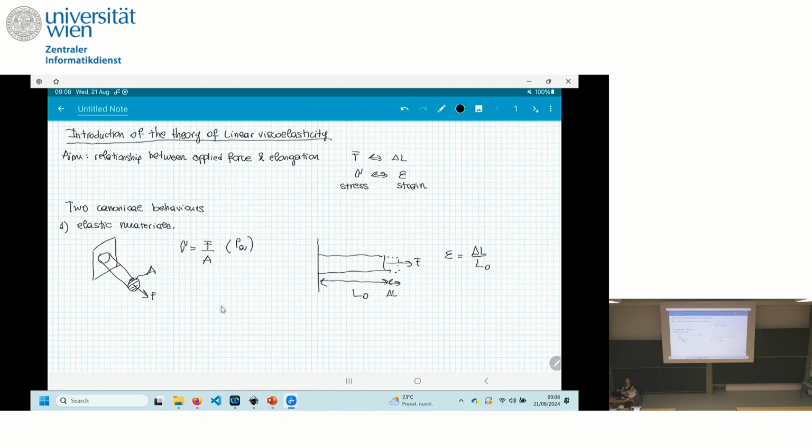What is the dimension of the strain? It's dimensionless. Good. This is important. We will see why for the fractional one. So it's good to have all the dimensions in place.